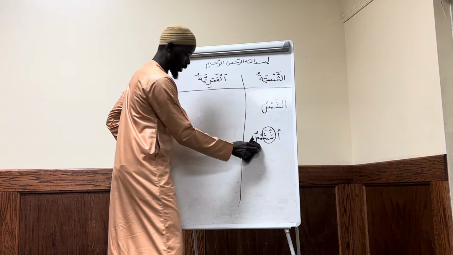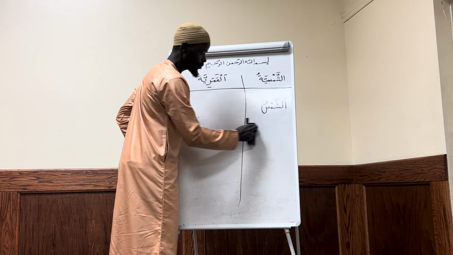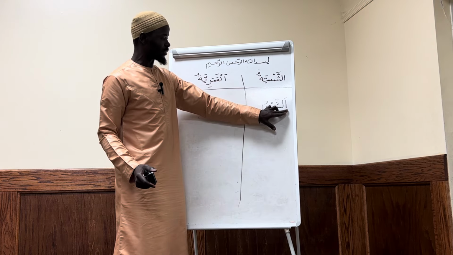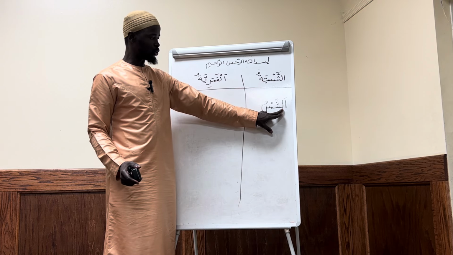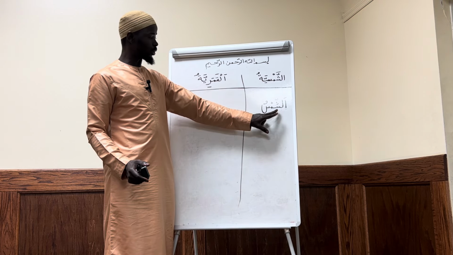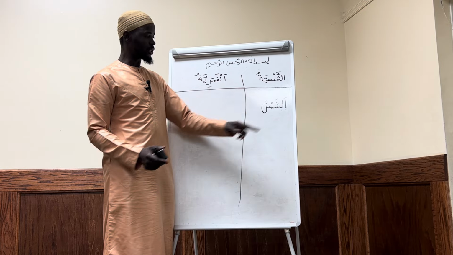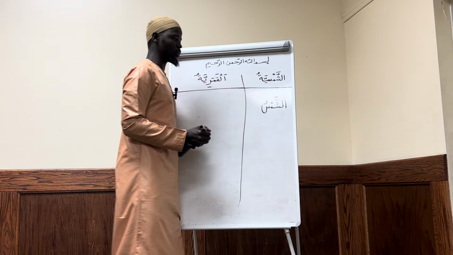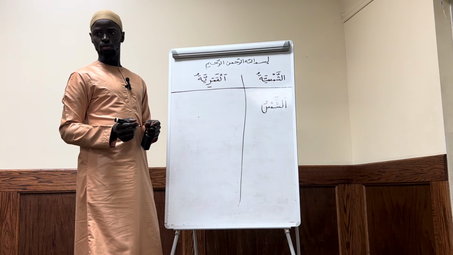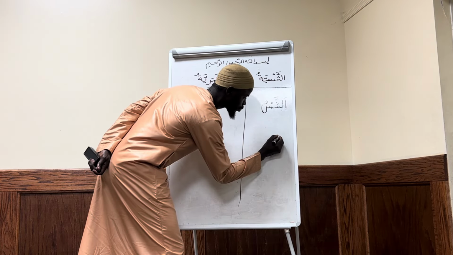Now, what I want to explain is, if you are going to read it like this alone, you read the alif and you skip the lam, and then you read the shin. So, Ash-Shamsu, Ash-Shajaru.